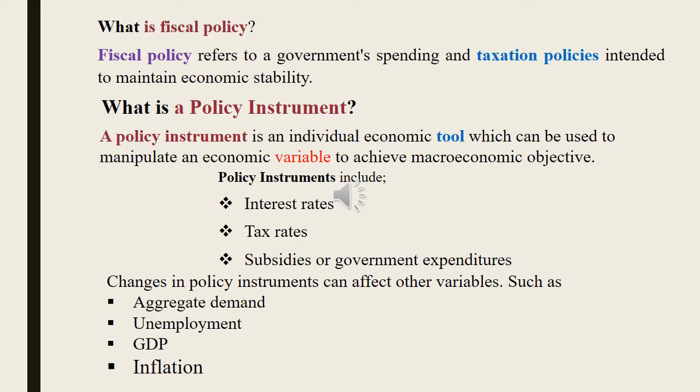What is fiscal policy? Fiscal policy refers to government spending and taxation policies intended to maintain economic stability. Therefore, the government will use a policy instrument in order to achieve macroeconomic objectives.